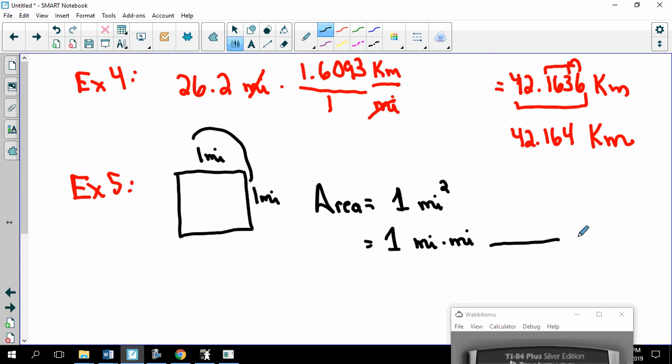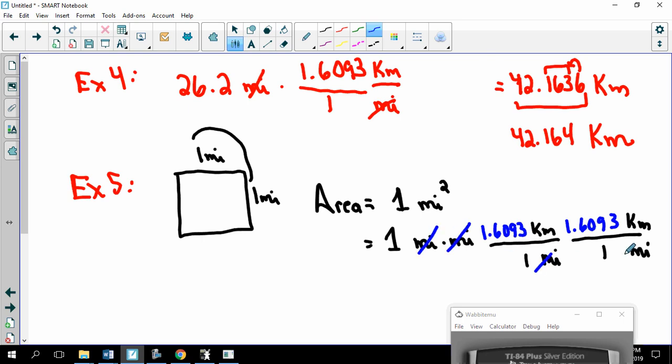Now, I want to go to kilometers and kilometers and miles and miles. And there's 1.6093. I did not know that till this evening. Done.